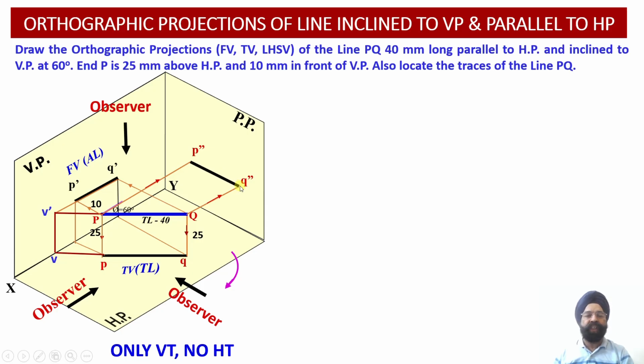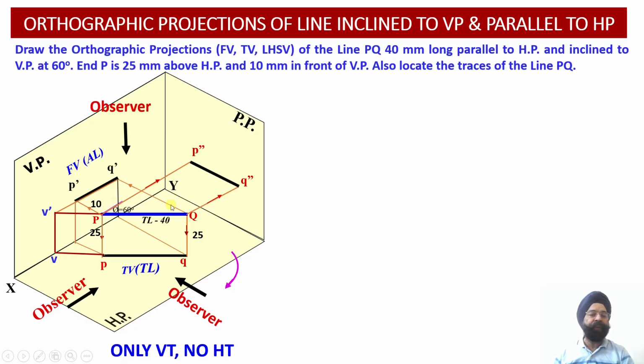And now we can observe that this line PQ happens to be inclined to the profile plane as well. And how much is the angle of inclination? This angle of inclination is 30 degrees, because here you have 90 degrees corresponding to this right angle triangle. So this angle with respect to VP, phi, is equal to 60.